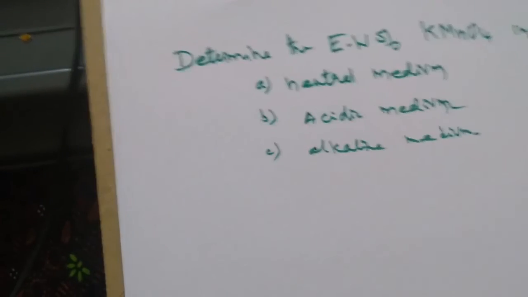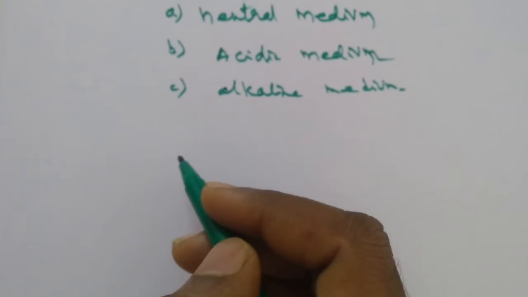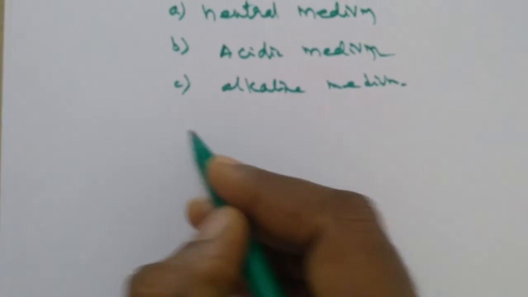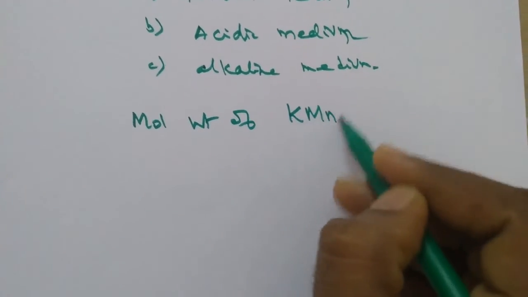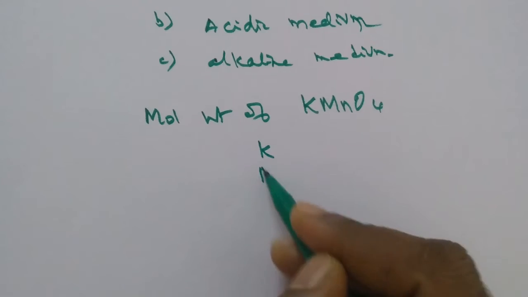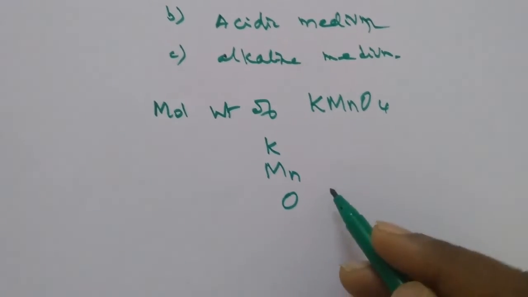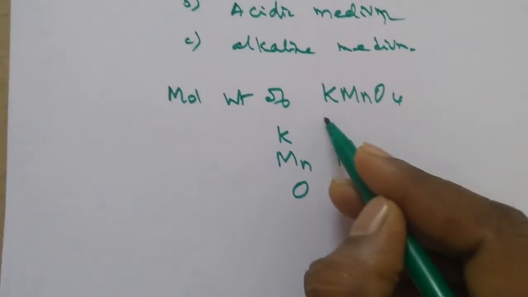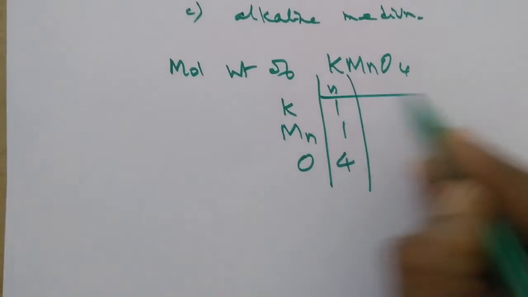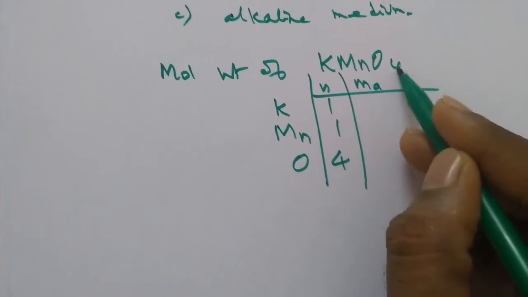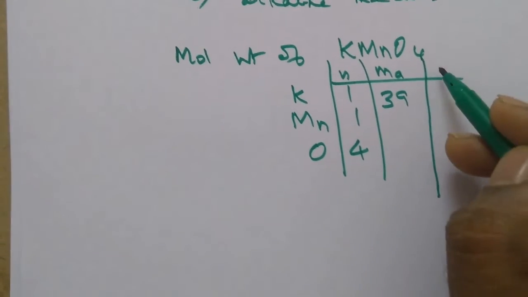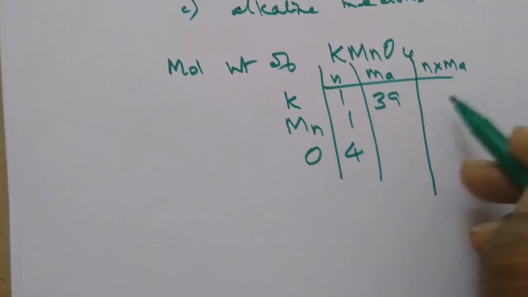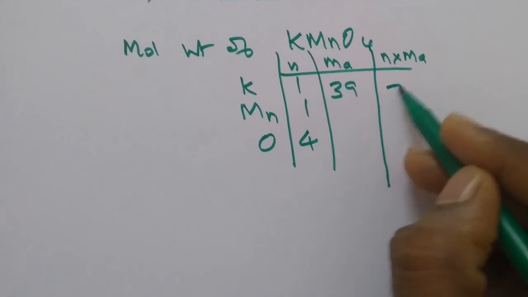So first we will determine the molecular weight of potassium permanganate. We have done this earlier also. Number of elements times atomic mass: for potassium it is 39, for manganese it is 54.93. 1 into 39 is 39, 1 into 54.93 is 54.93, 4 into 16 is 64.